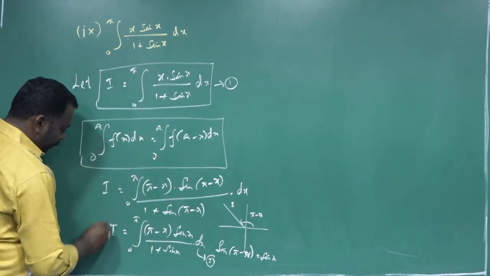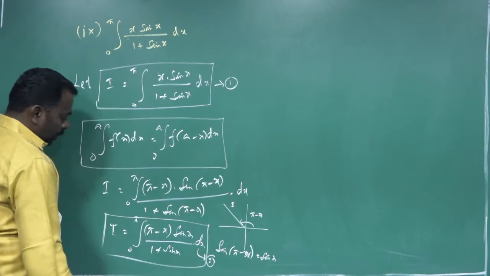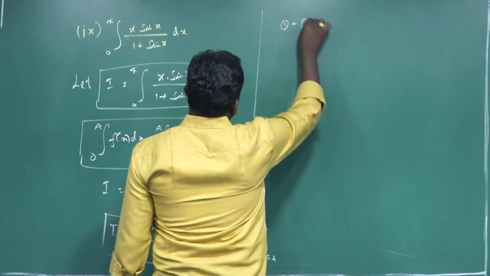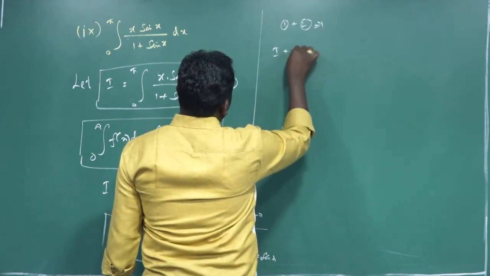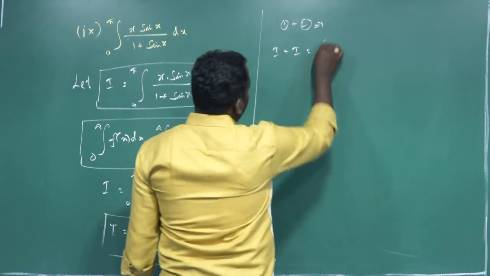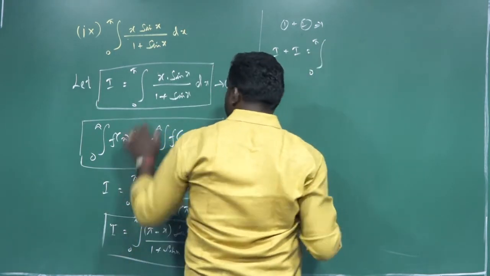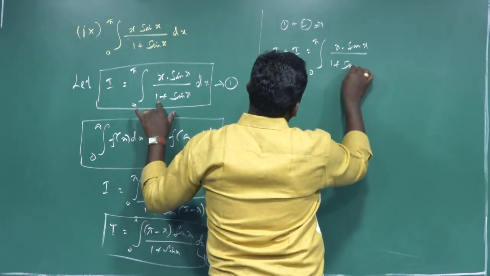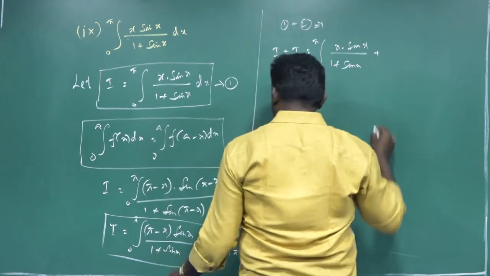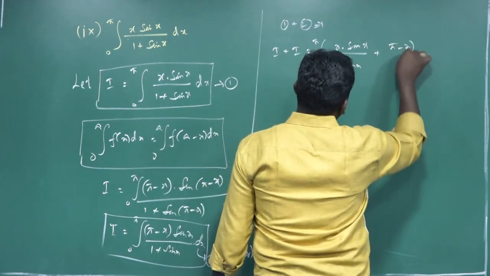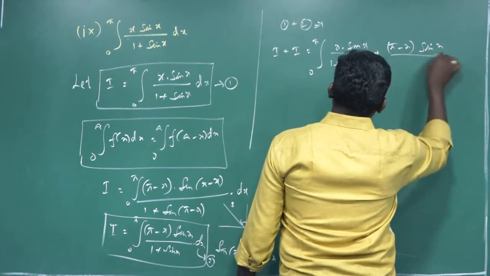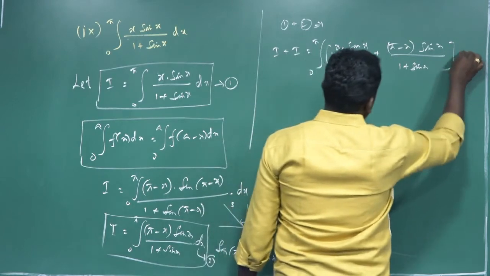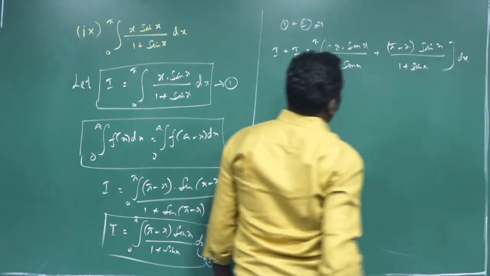It is equal to I. Now adding the first equation and the second equation, I plus I, the left hand side is both I, and integral 0 to pi, first equation x into sin x by 1 plus sin x, plus second equation pi minus x into sin x by 1 plus sin x into dx. Adding our first equation and second equation.